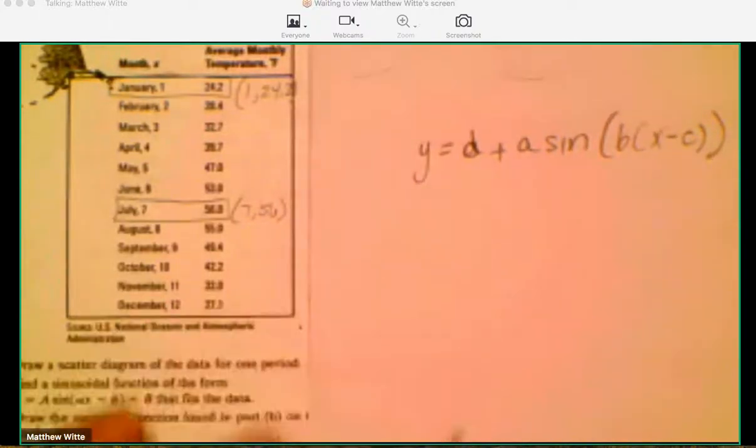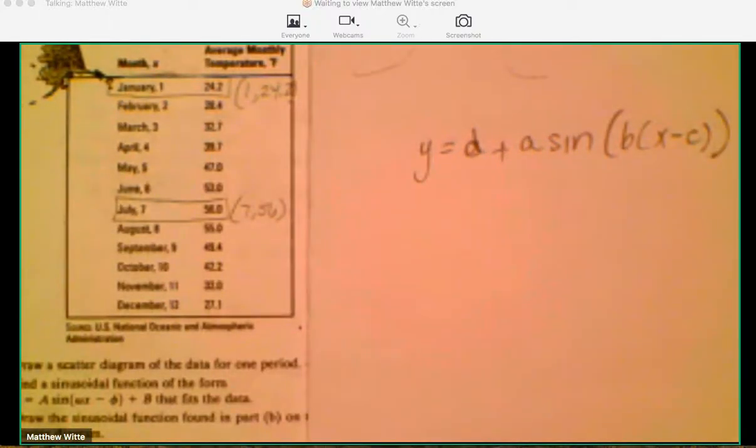D plus A sine of B times X minus C. This is normally what we have. Our book all of a sudden starts using Greek letters when we're actually applying these concepts. So just be aware that your book is going to use all these different Greek letters, kind of like when it did for angular velocity and stuff like that. You can use A, B, C, D if you want. You don't have to change it.